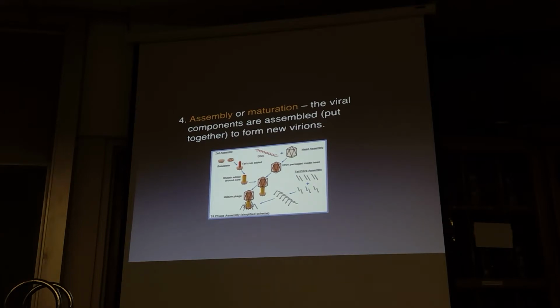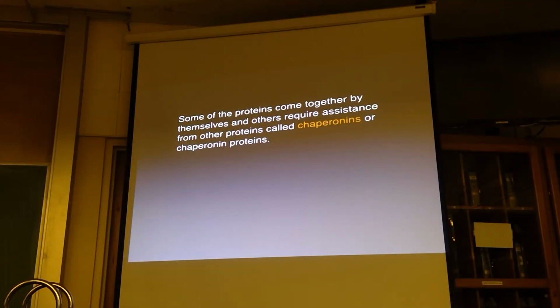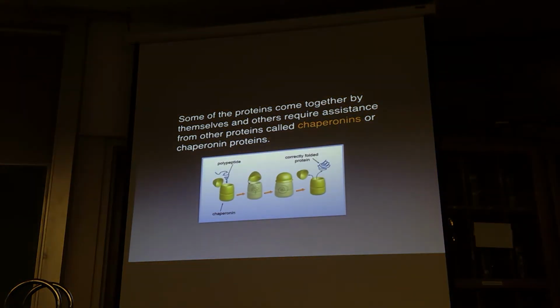As I said, tail assembly is a very appropriate name because that's exactly what they are. They're built. Viruses are put together like a bicycle on an assembly line. You've got a bunch of nucleic acids, wrap those up in capsid, so the triangular pieces come together and build the capsid. Then the tails and tail fibers and so forth get put on there. There's chaperonin spelled for you in case you want to see that. Again, chaperonin proteins are sometimes involved, sometimes not.